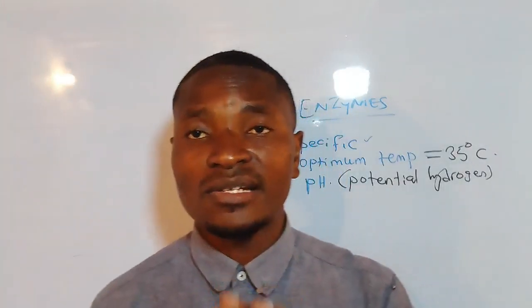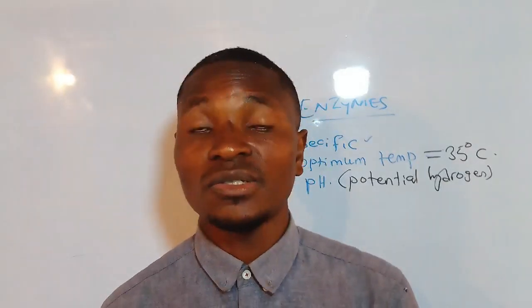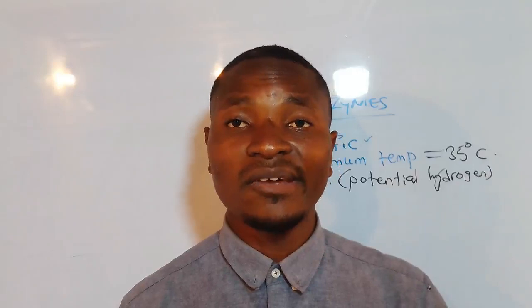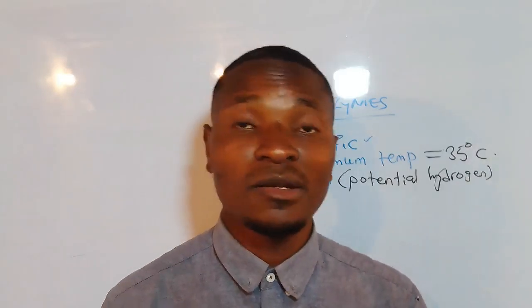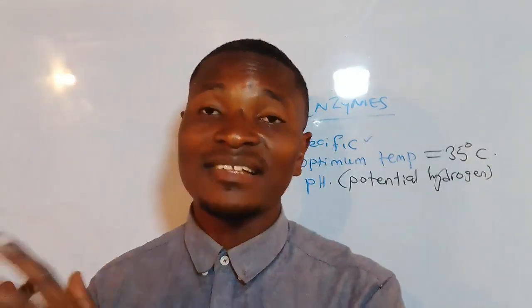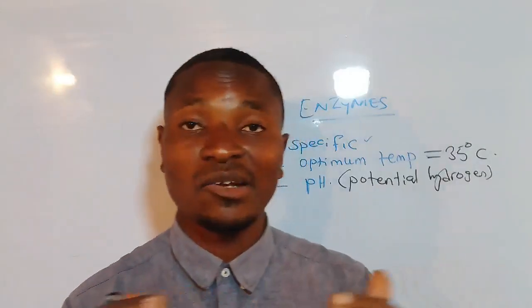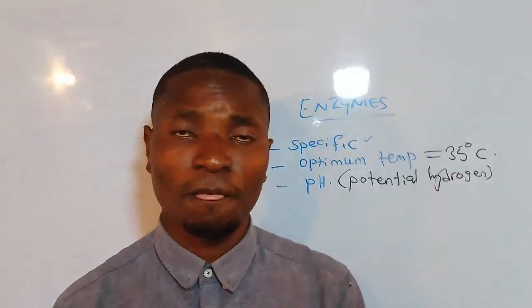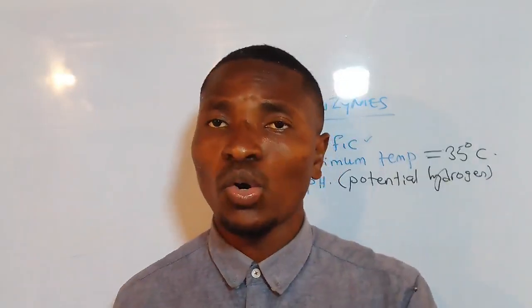And this environment can have different pH levels. Depending on the level of that pH, you have a particular enzyme that can work in that kind of environment. So the pH environment can either be acidic or alkaline.